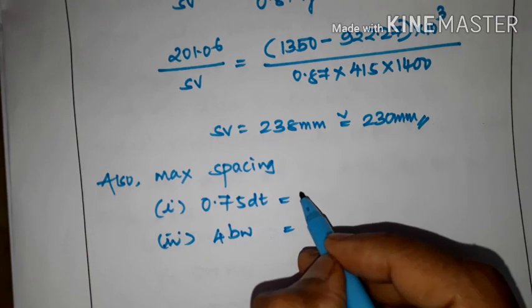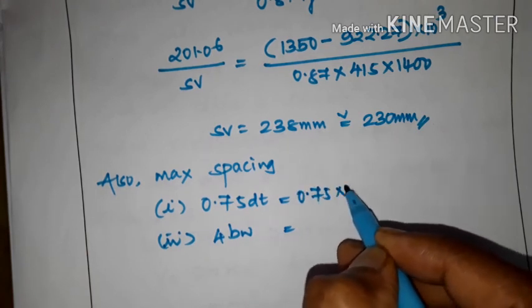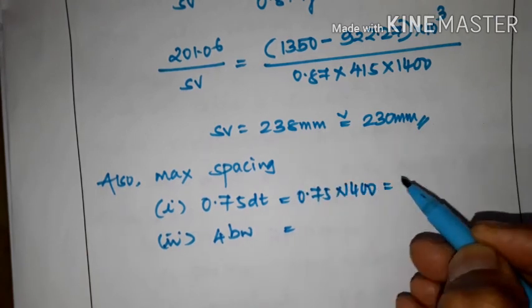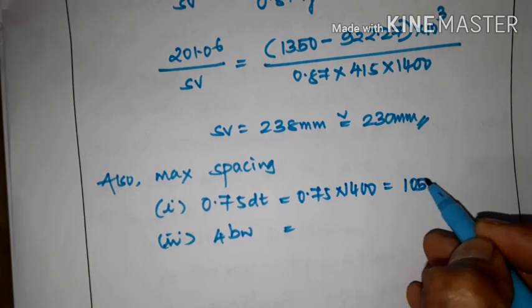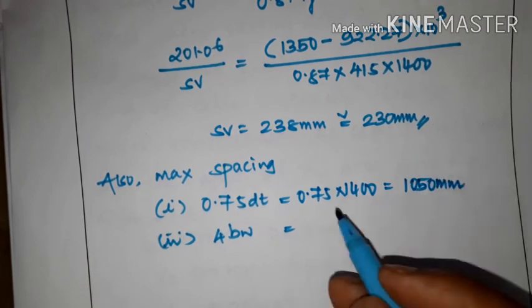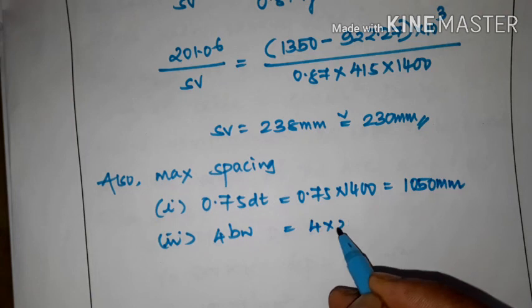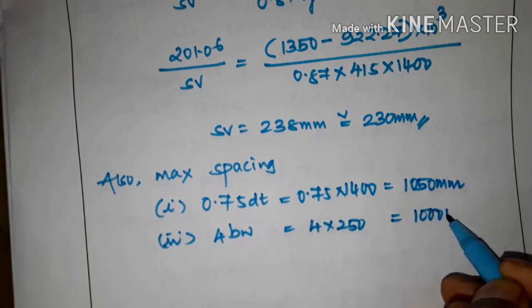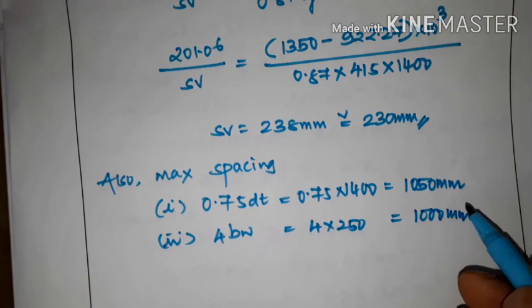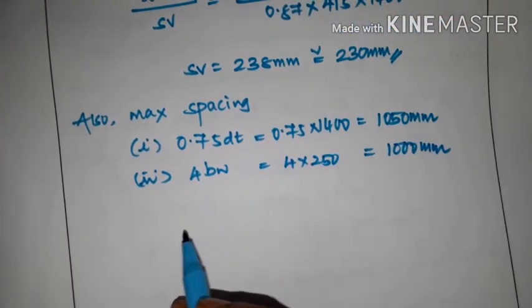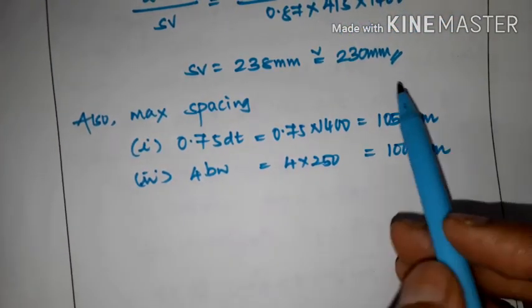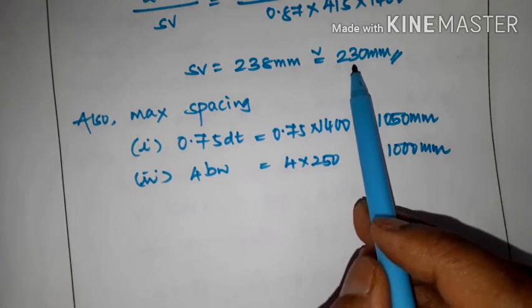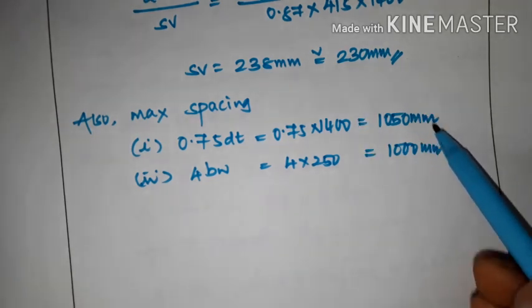So 0.75 times dt is 1400, so it is 1050 mm, and 4 times 250, that is 1000 mm. So again you can see our spacing 230 mm is less than the least of these two.